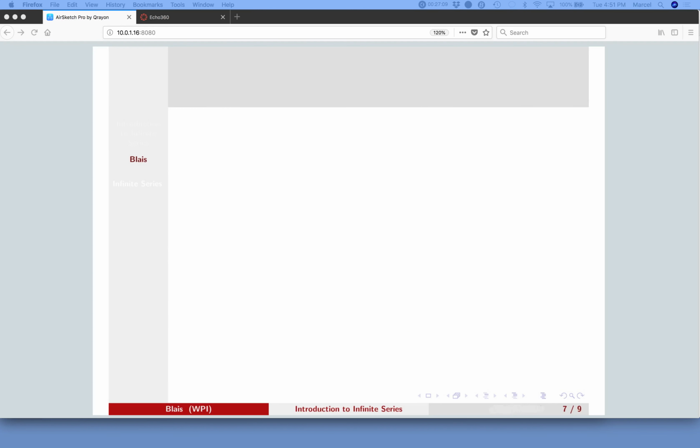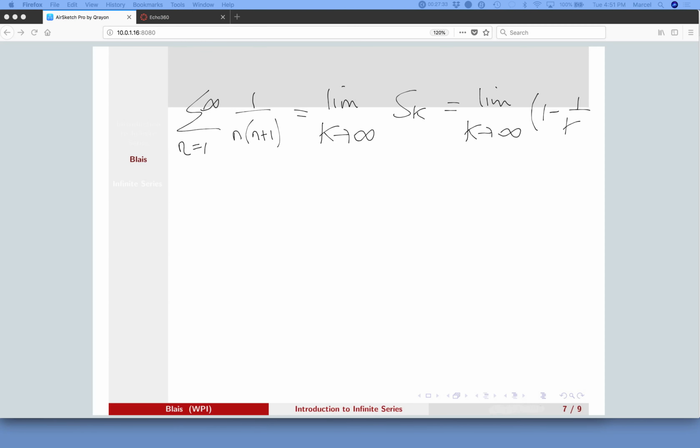And by definition, the sum, n equals 1 to infinity, of our 1 over n times n plus 1 series is the limit as k goes to infinity of that Kth partial sum, which we just computed as 1 minus 1 over k plus 1.